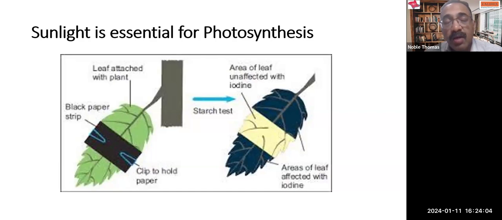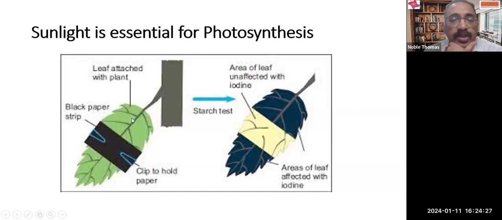So keep it in a dark room for one day or so, and then take it out, so that we can ensure that there is no pre-prepared starch in the leaf. And then we can cover some part of the leaf with black paper, cover it properly, place it in the sun, and later go for an iodine test.